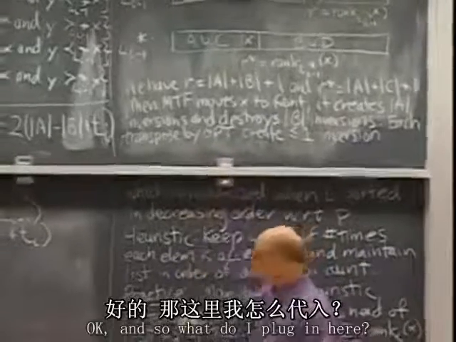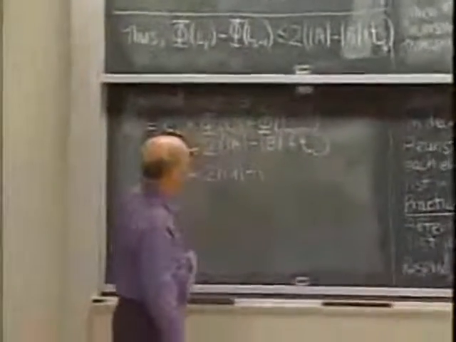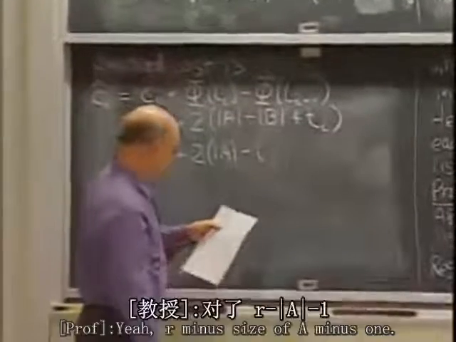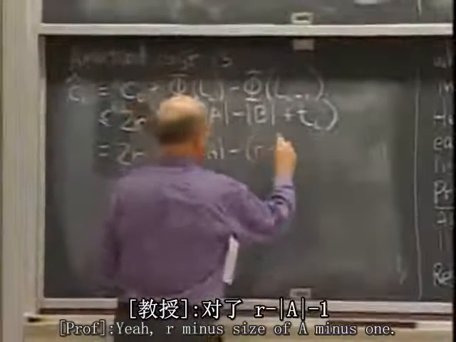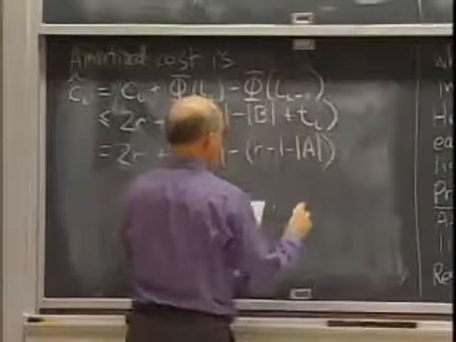And so what do I plug in here? What's B equal to? Yeah, r minus size of A minus 1. I wrote it the other way. And then plus ti.